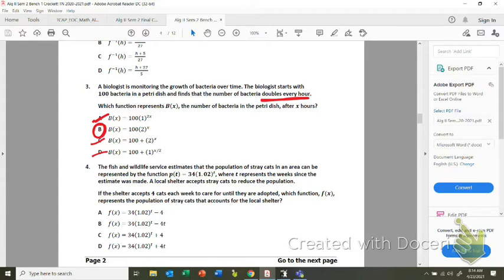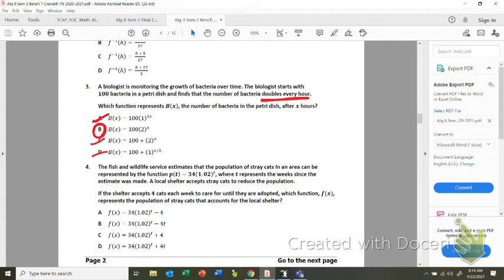All right, number 4. When I did number 4 the first time, I got it very wrong. And that's because I missed one important word. Okay? It says the Fish and Wildlife Service estimates that the population of stray cats in the area can be represented by that function. T represents the weeks since the estimate was made. Here's the important part.